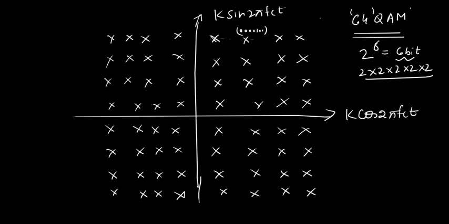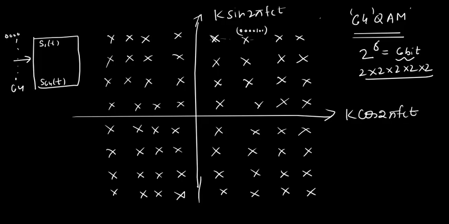What does this mean? 64 QAM takes 6 bits at a time. So, how many possible combinations? 64. So, you map the bit combination to each of these points respectively.